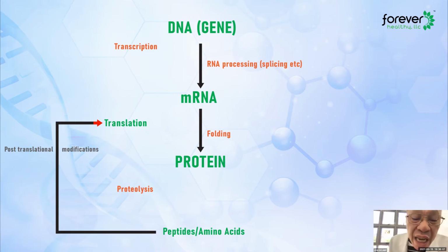So when we eat protein, they are digested and they undergo what you call the proteolysis, so that the proteins that we eat will provide the raw materials, the peptides and amino acids for the reinforcement of the translation of protein. Take note, there is no translation of protein from the recipe of the gene without the available amino acids.